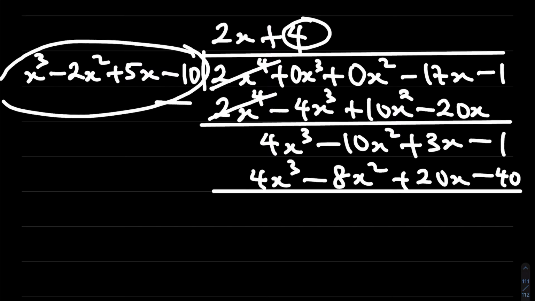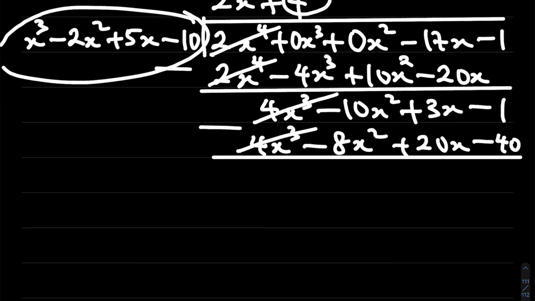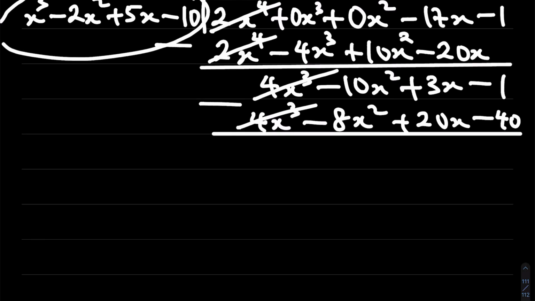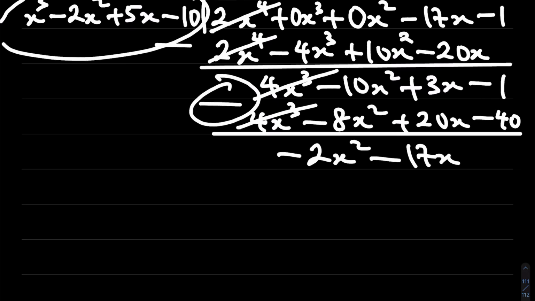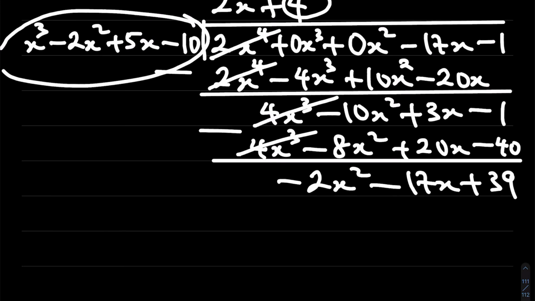Now what do I get when I subtract? 4x cubed minus 4x cubed is 0. Minus 10x squared minus 8x squared is minus 2x squared, because that's simply minus 10x squared plus 8x squared. Now 3x minus 20x is minus 17x, and minus 1, minus and minus is plus, so that's minus 1 plus 40, which is 39. And that's where we're going to stop.